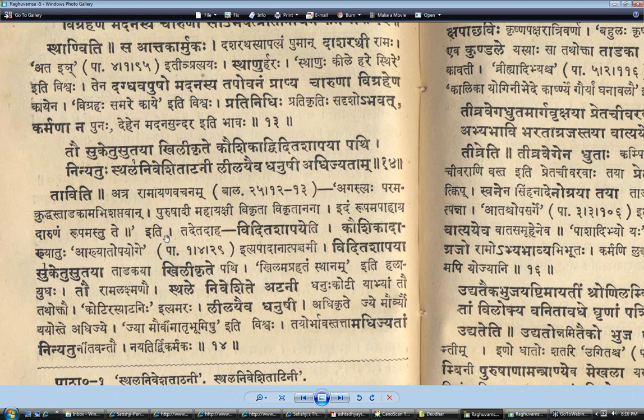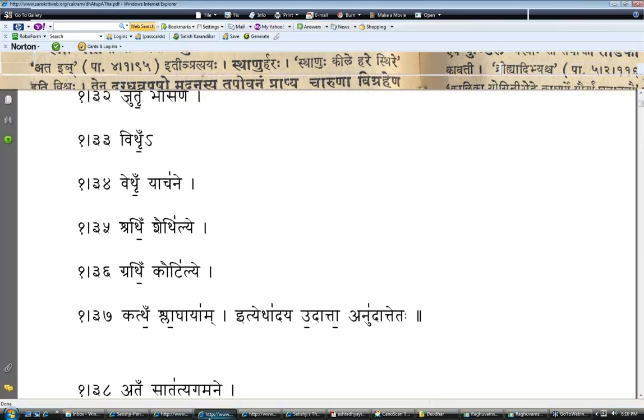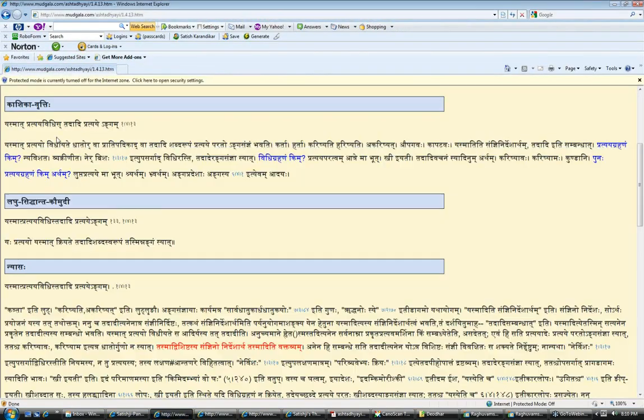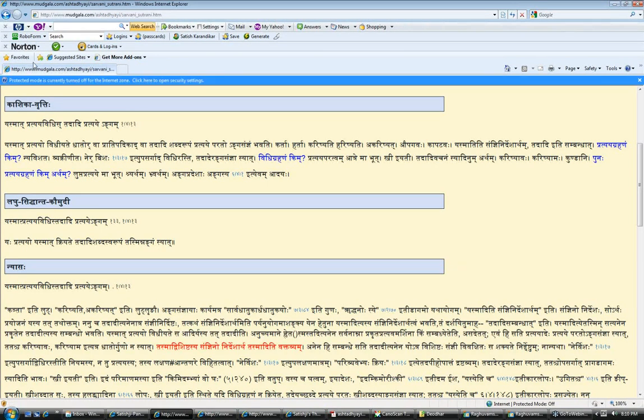What it means. 1.4.29 really says, when you have a teacher from whom you get knowledge, then you should say that I got the knowledge from him, and who was my regular teacher. In that case, we can use the apadana sanjna.